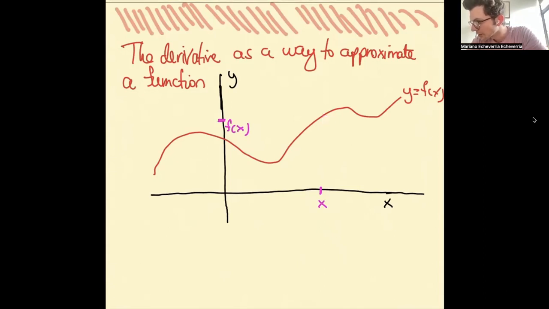Let me move the value x a little bit here. So you move by some amount delta x, and here you have x plus delta x. So this segment has length delta x.